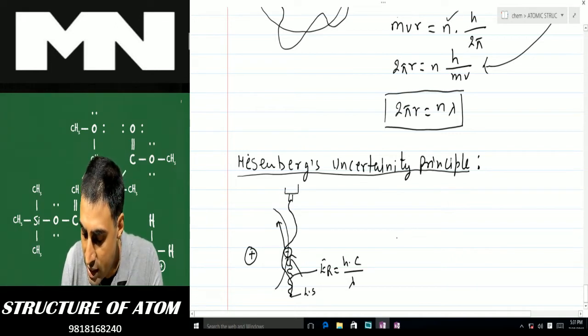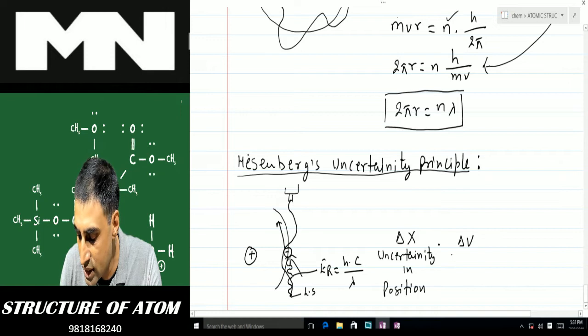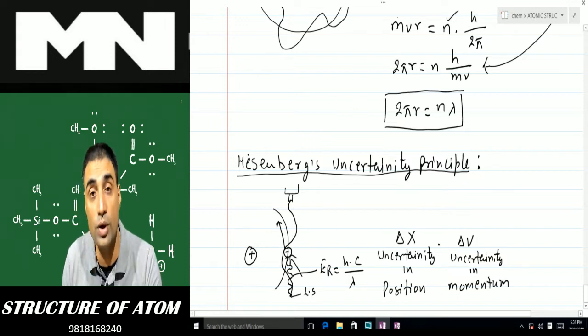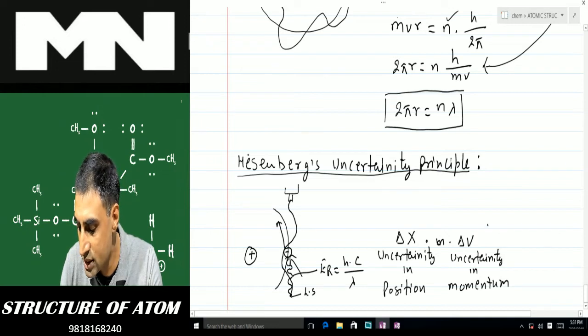So according to him, if delta x is the uncertainty in position and delta v is the uncertainty in momentum, then according to Heisenberg's uncertainty principle, delta x into m into delta v is greater than or equal to h by 4 pi.